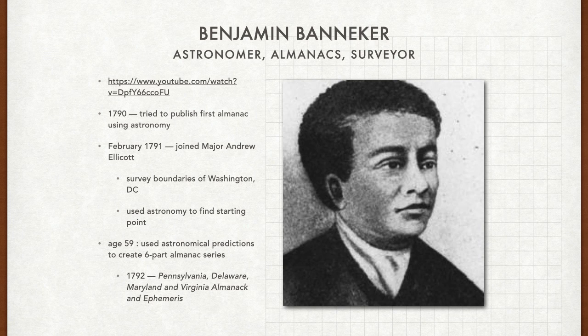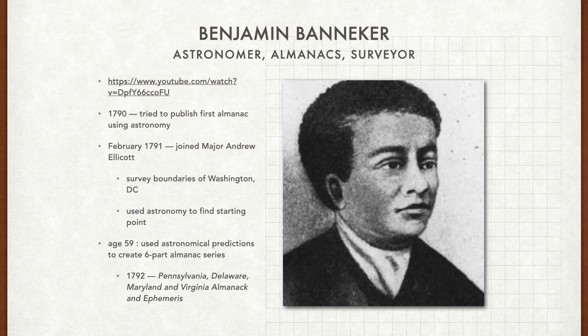In February 1791, Banneker was recruited by Major Andrew Ellicott, who was tasked with surveying a new federal district by Secretary of State Thomas Jefferson. Surveying, okay, so to define surveying, it basically means that you plot out a city, right?